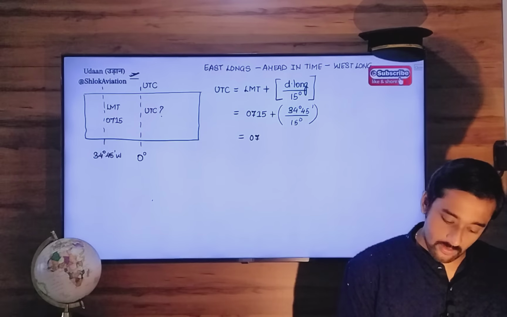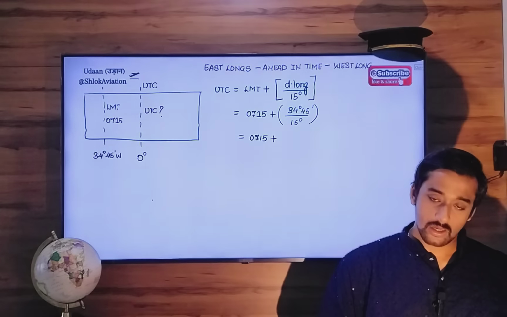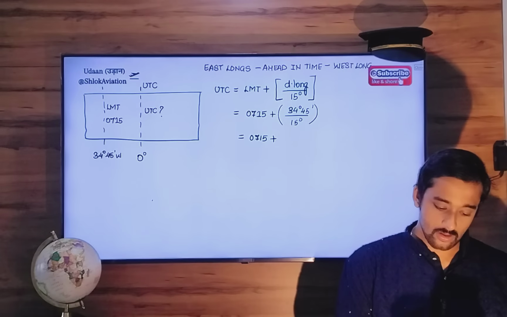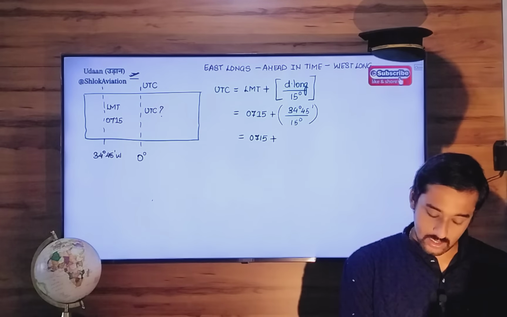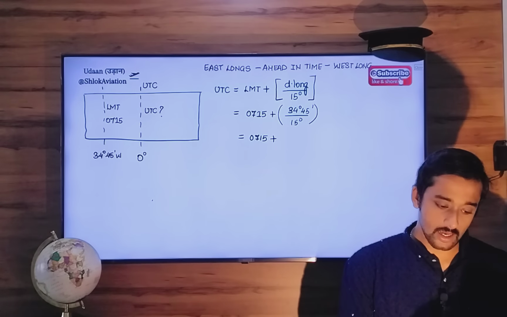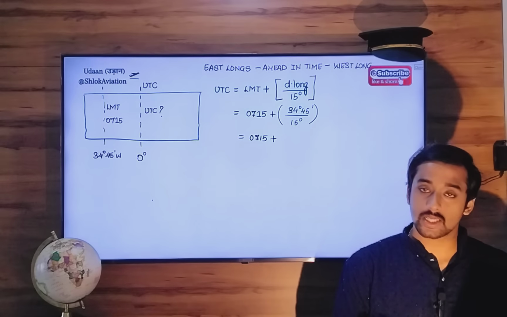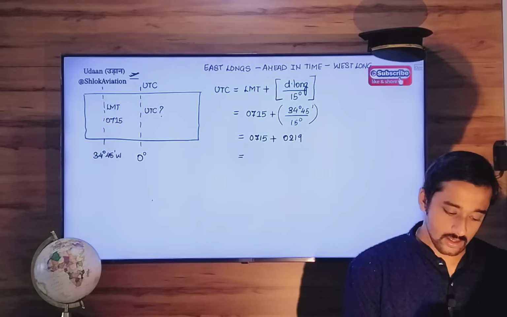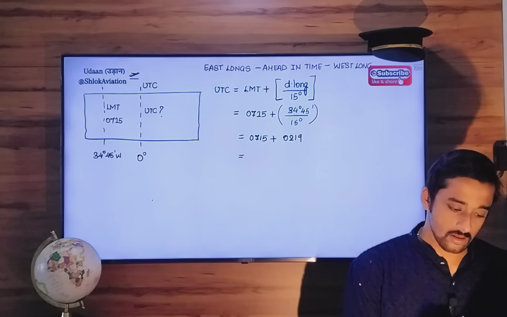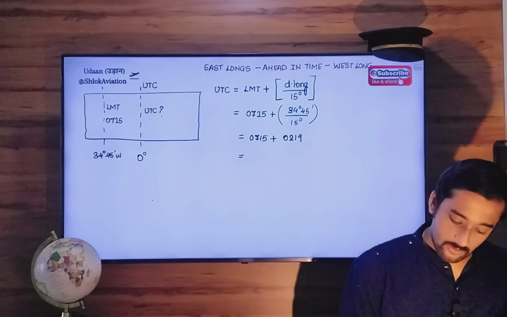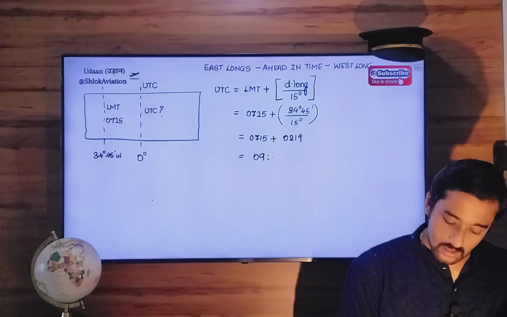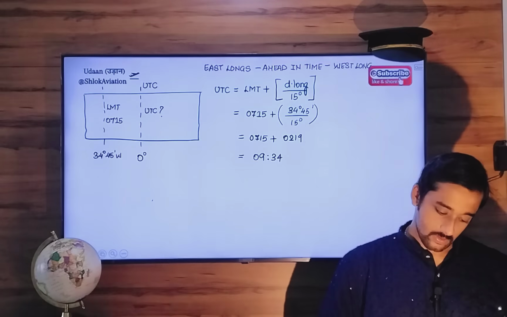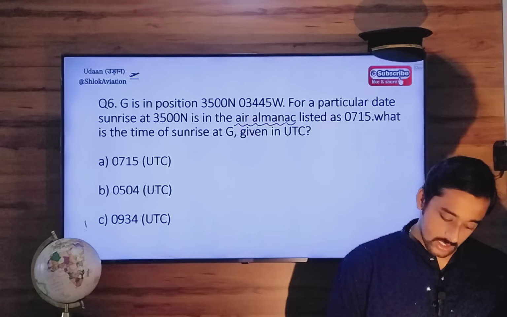That is 2 hours 19 minutes. So 0715 plus 2 hours 19 minutes is 9 hours 34 minutes. So the correct answer is option Charlie.